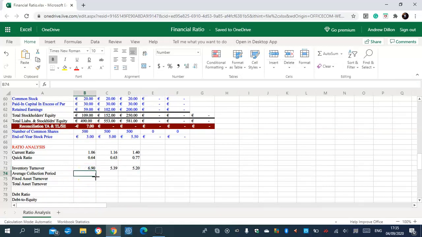And next thing is to calculate the average collection period.